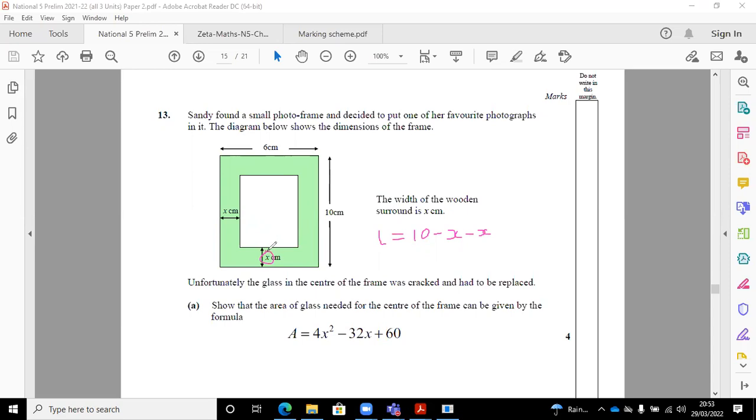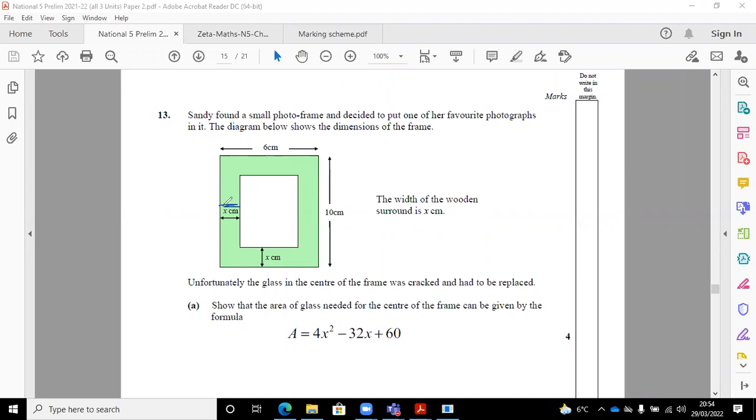So we're taking away this green bit, and we're taking away this green bit to be left with this length here. So total from the top to the bottom is 10. We have to take away this bit and this bit to be left with that. Similarly, in that breadth, the full length is 6.